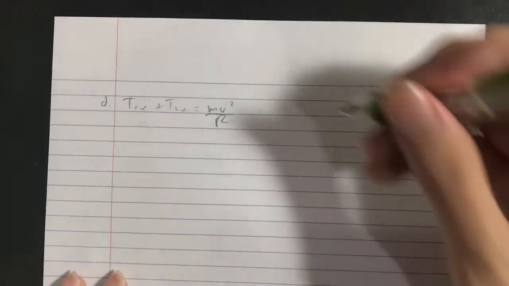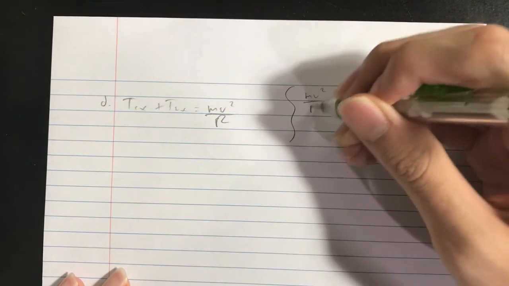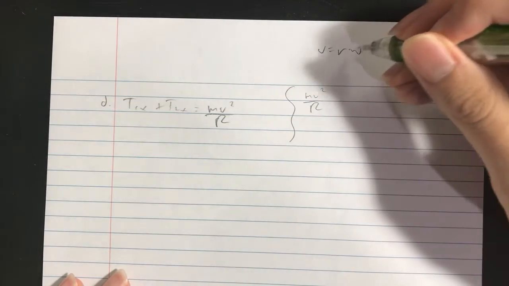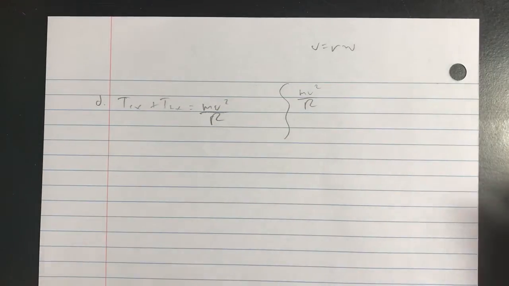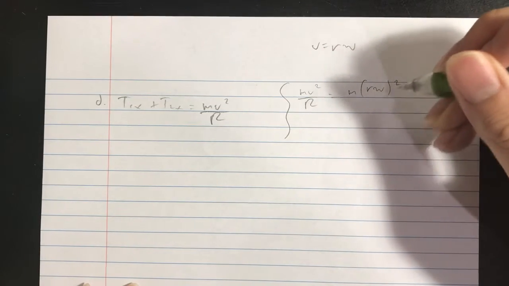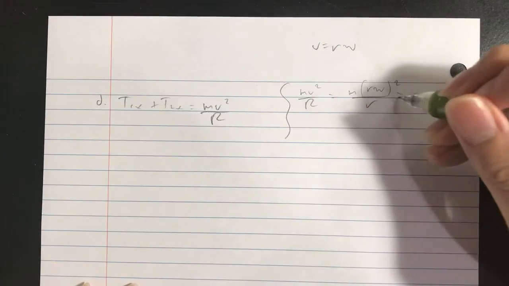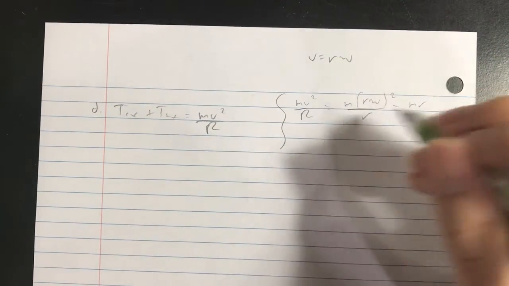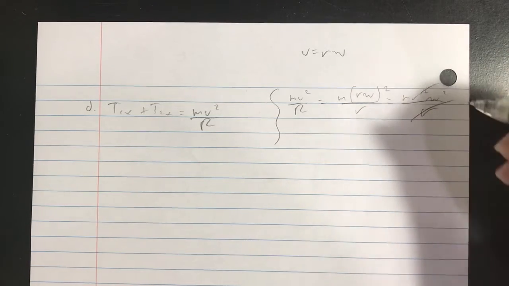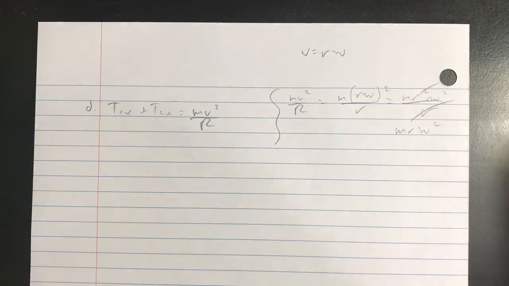But this time, off to the side here, v equals r, radius, times omega, angular velocity. So we will just put that here, m r omega squared over r. Okay? And this would equal m, distribute the squares, m r squared omega squared over r. We can cross it out, and we end up with mr omega squared.